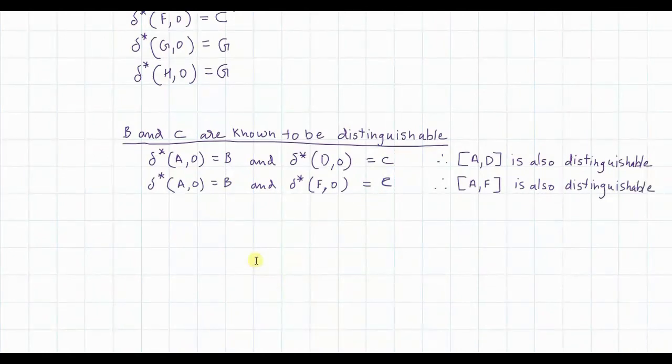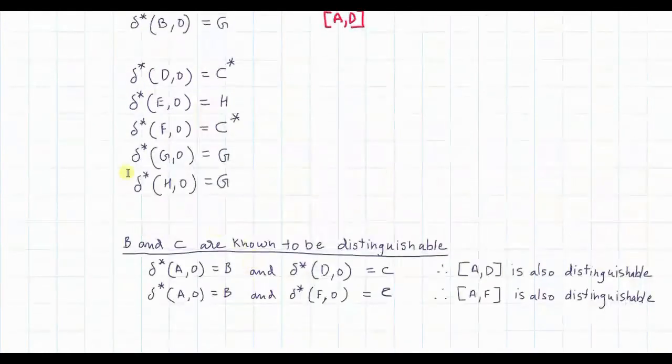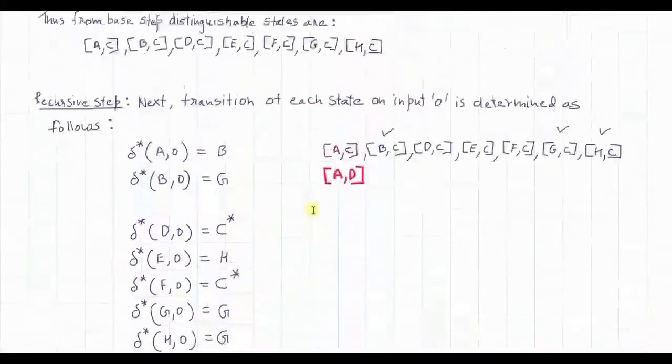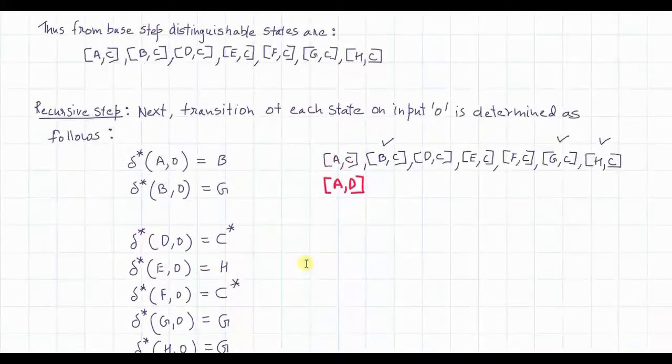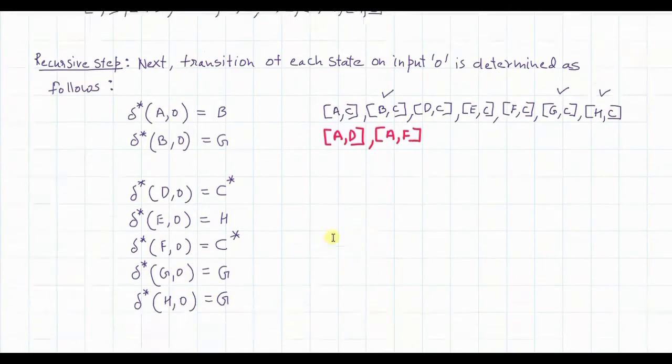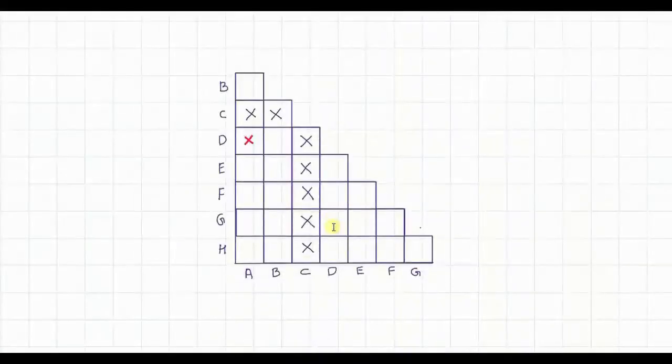Fine. So for B and C we have done this. I add this A comma F to the list here. The next distinguishable pair found is A comma F, and in the table, wherever there is the A comma F cell, I will mark it with X. So A comma F, or F comma A, is distinguishable.